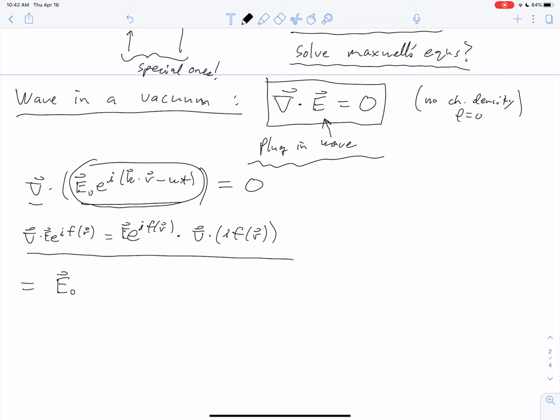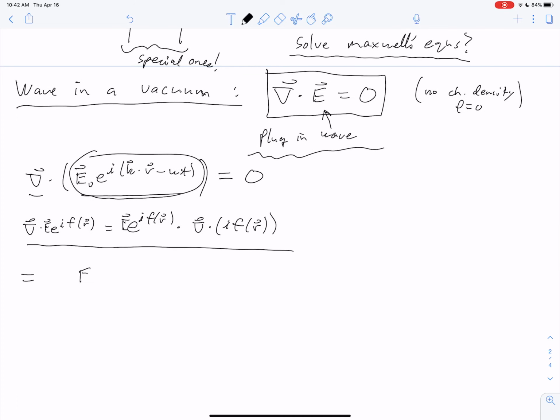So if I just take the divergence of this quantity, then what I get is E naught times e to the i (K dot R minus omega t), dotted with i K, because the gradient just pulls out this spatial part.